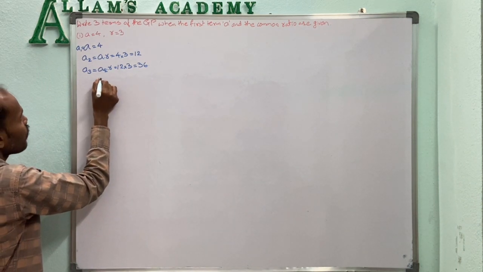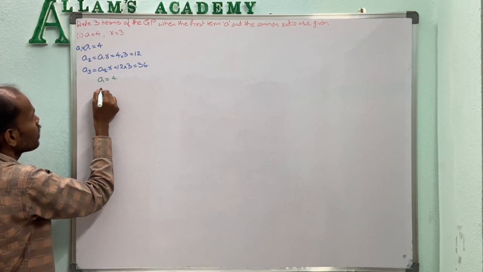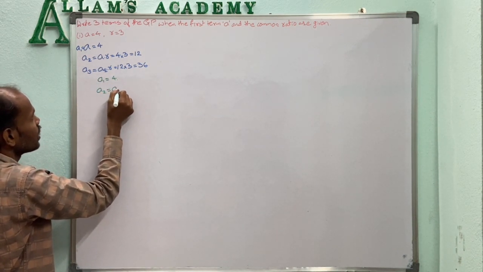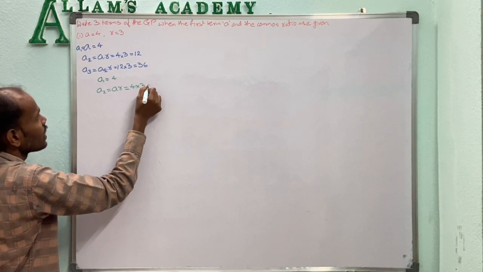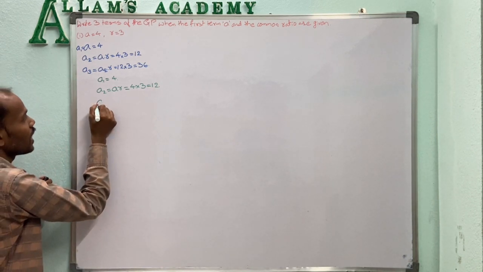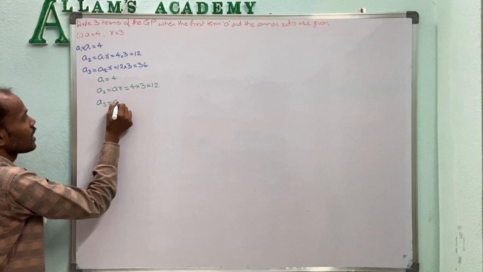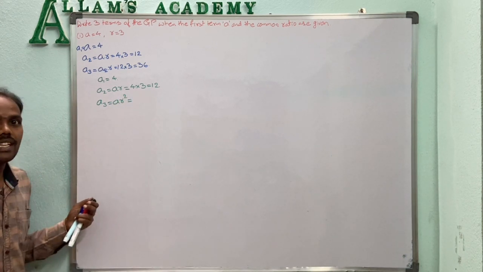Now the given first term a1 is equal to 4. The second term a2 is a into r, that is 4 into 3, which is equal to 12. Now the third term a3 is ar square, by the general form.